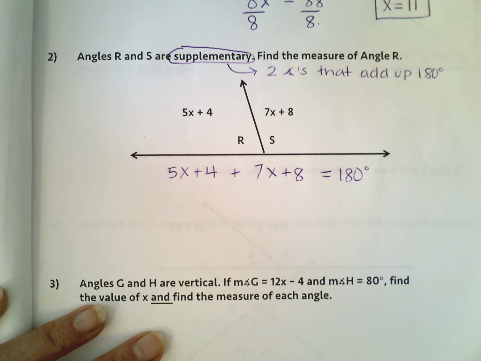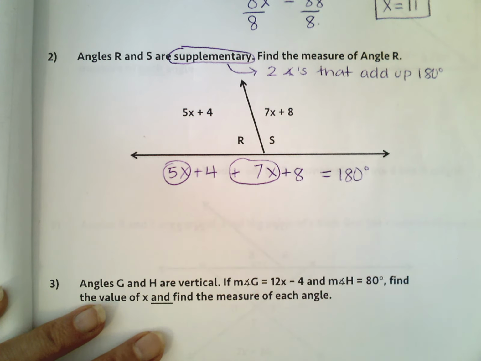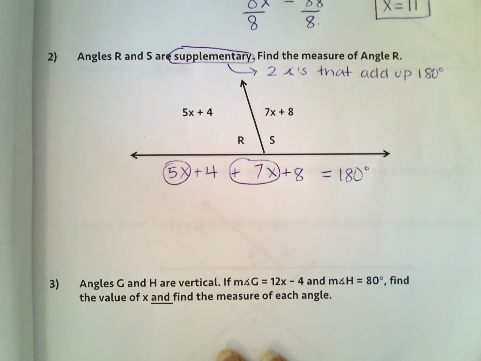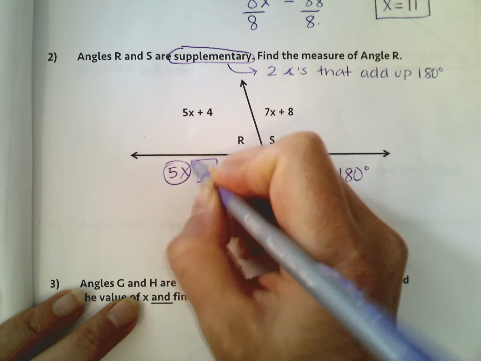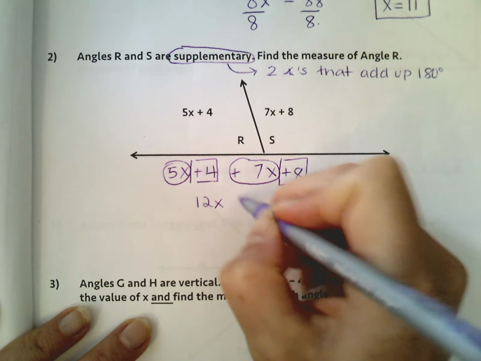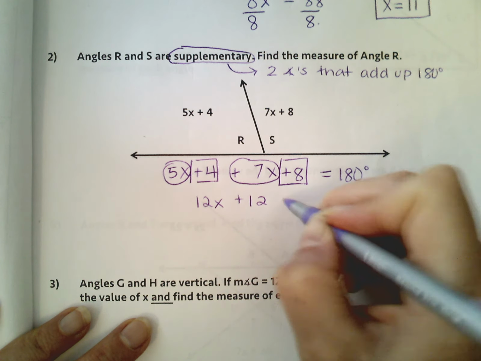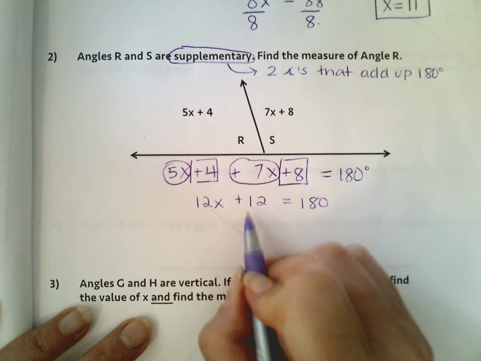Just like we were doing before, to solve this, we're first going to simplify our equation by combining like terms. So 7x plus 5x is 12x. Positive 4 plus 8 is positive 12. And now you're down to your basic two-step equation. The first inverse step you want to get rid of is the furthest thing away from x.